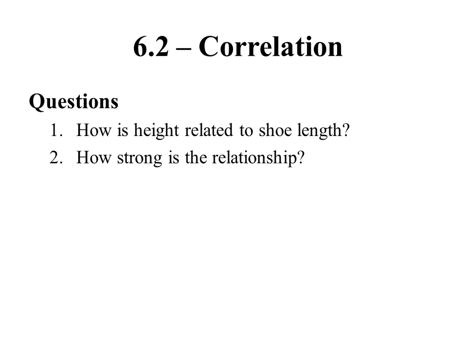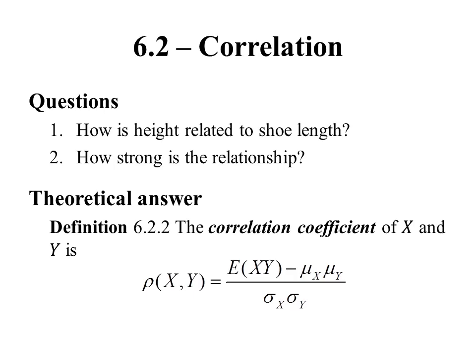Now, the next question that we asked is, well, how strong is that relationship? Well, we can try to answer that question with this idea of correlation. And the theoretical answer to that second question is given in definition 6.2.2, where we define the correlation coefficient of x and y by this somewhat rather nasty looking formula.